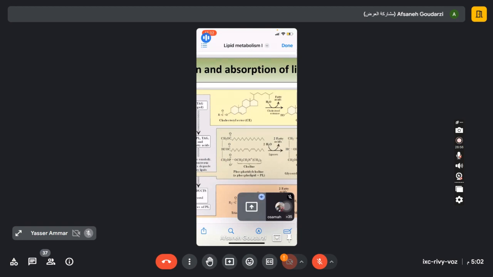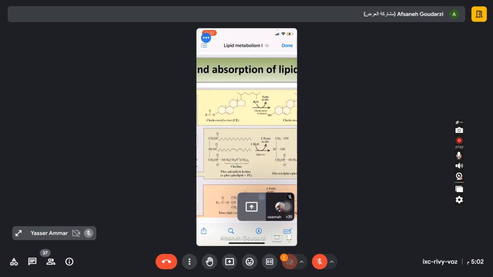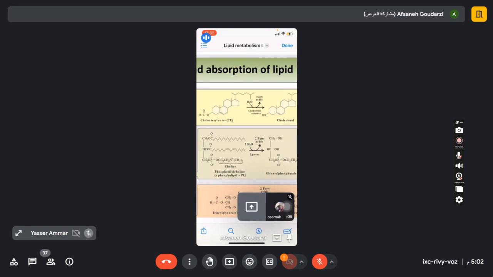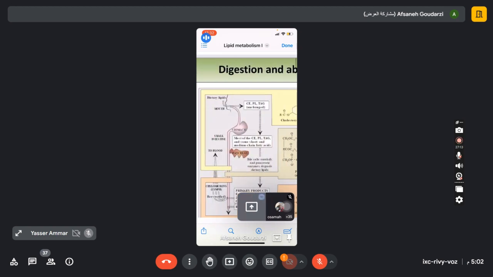If we want to produce cholesterol from cholesterol ester, the enzyme cholesterol esterase can remove the bound fatty acid with the aid of water in order to make cholesterol. It is also composed of PL, or phospholipid, and TAG, or triacylglycerol.